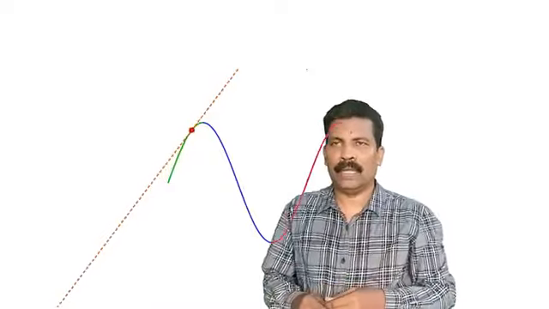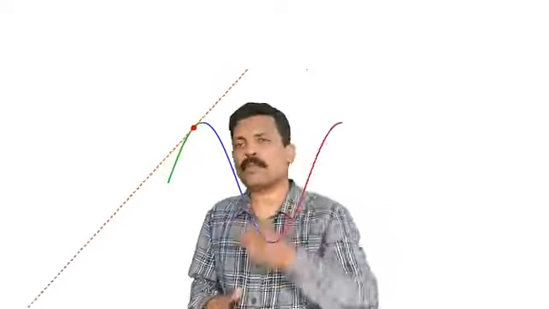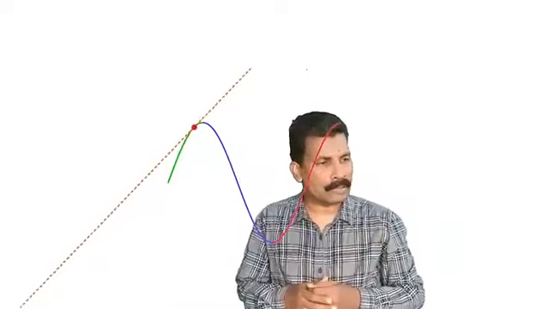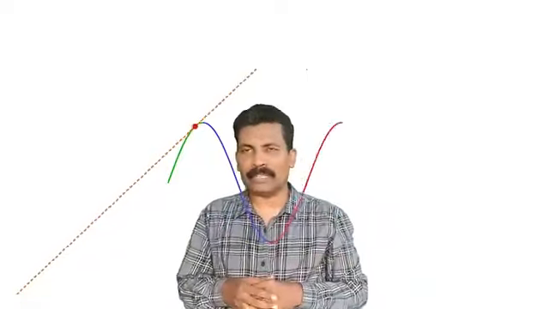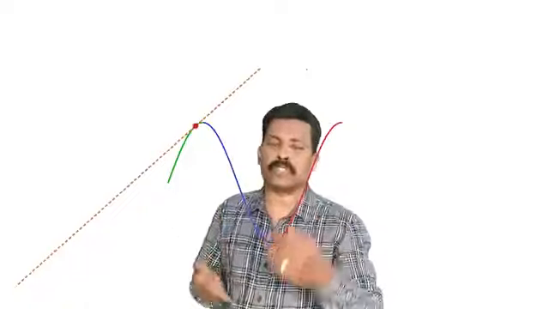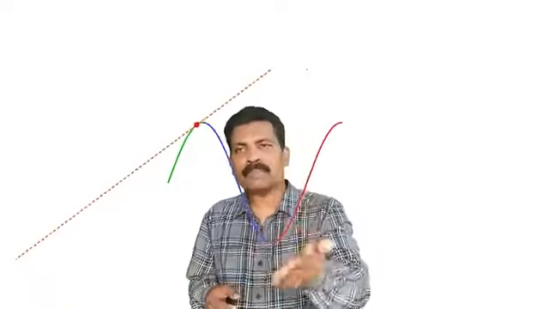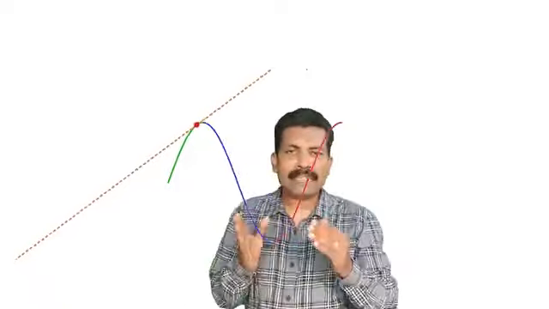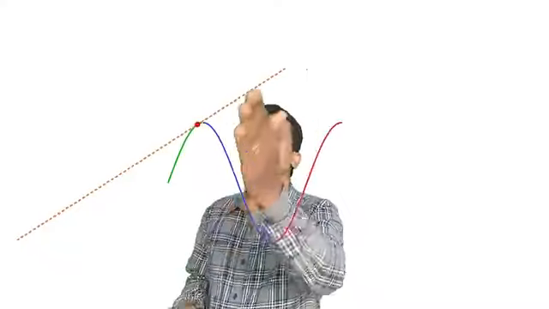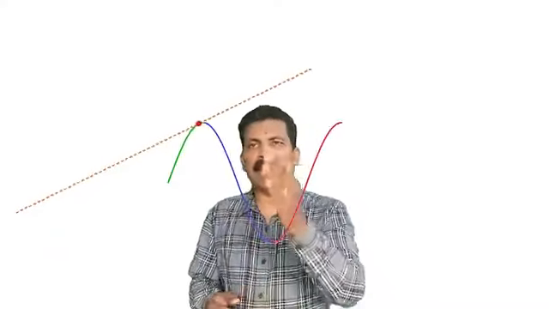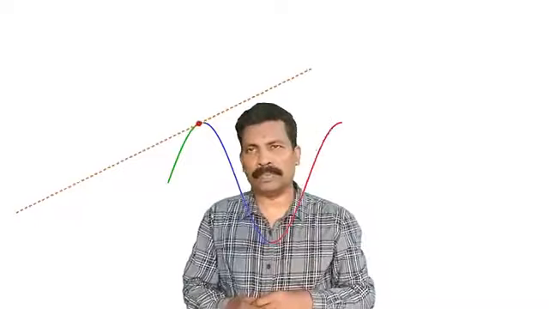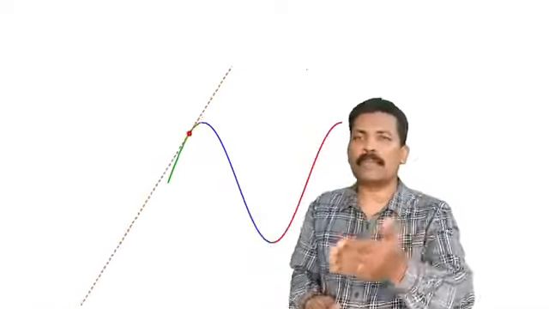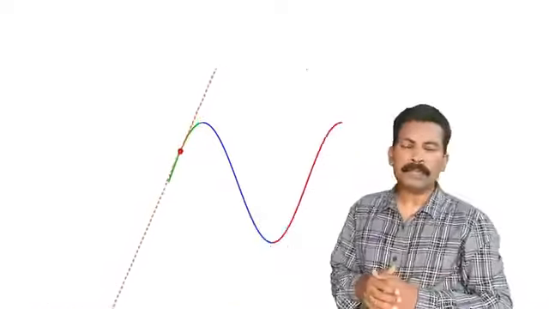What do we mean by tangent slope? That is the derivative. So the derivative is positive. So if the derivative is positive for a branch, that portion is increasing. Tangent having positive slope means derivative positive.